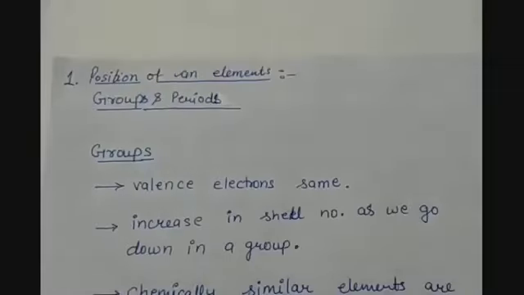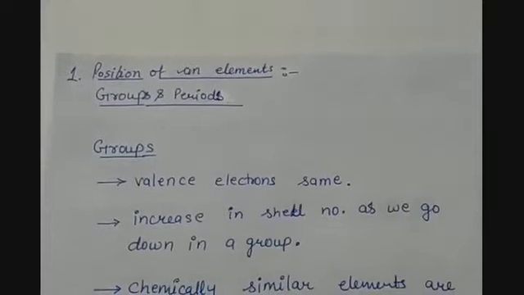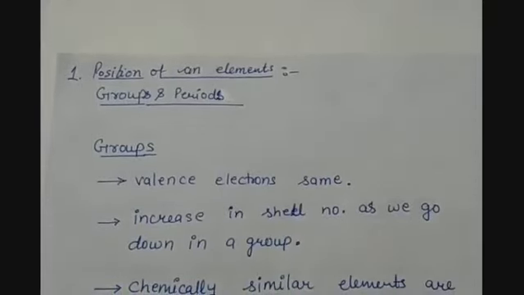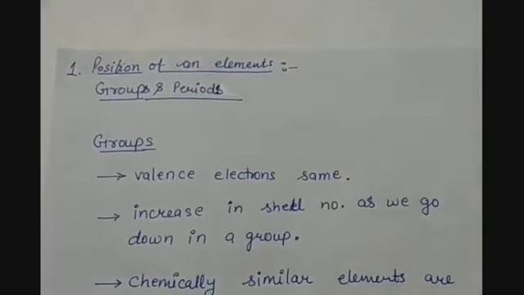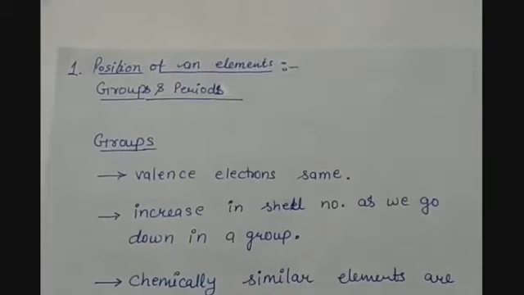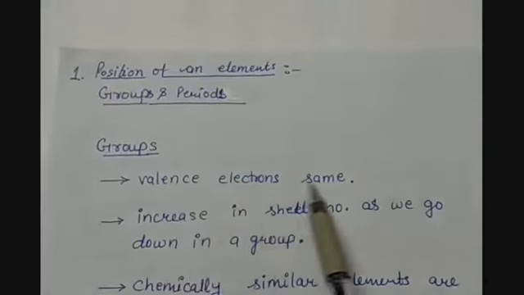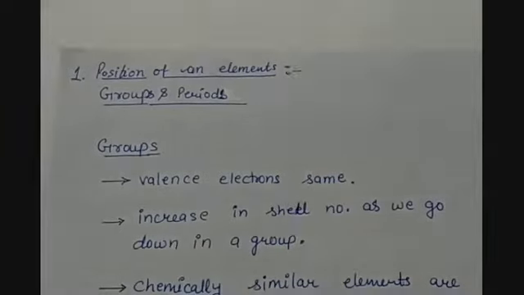Let us begin with the first topic, that is position of an element in groups and periods. So let us revise the things we have studied about the groups and the periods in the last lecture. So group, we know the vertical column present in the modern periodic table is called group. And what are the characteristics of a group? That valence electrons are same for all the elements.